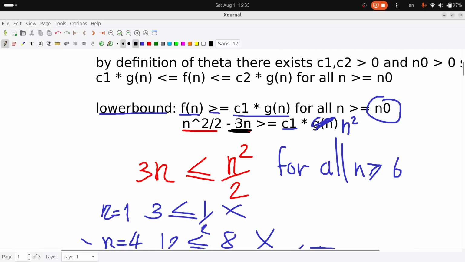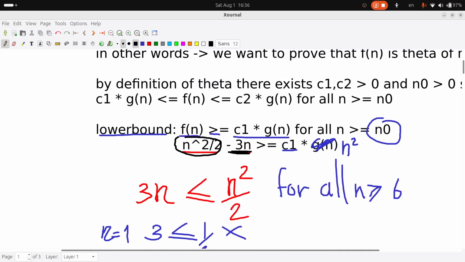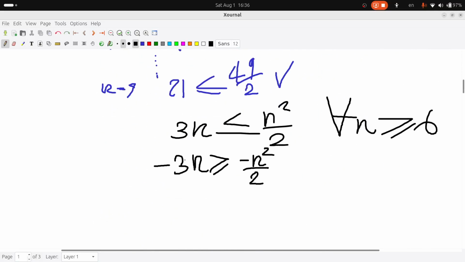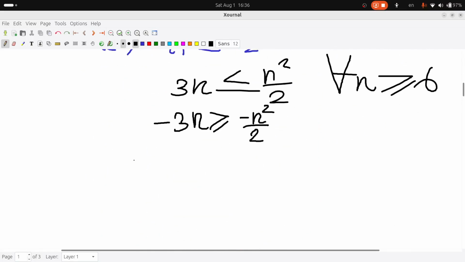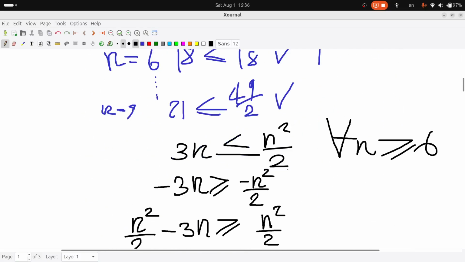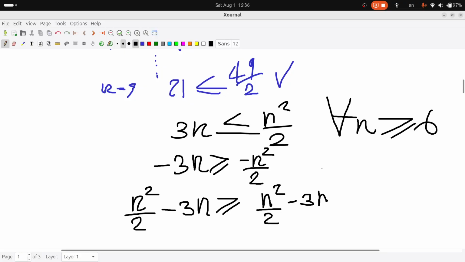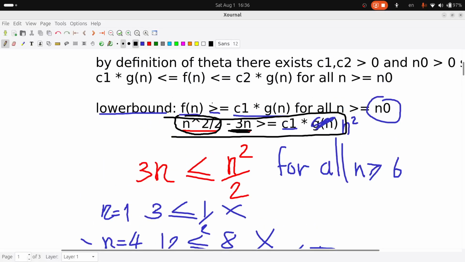So what can I do next? I can add n squared divided by 2 to both sides of the inequality to make the left side the same as the whole expression. So n squared divided by 2 is greater than or equal to n squared divided by 2 minus 3n, and we get the same expression on the left side.